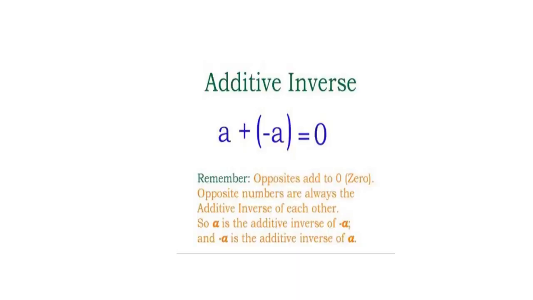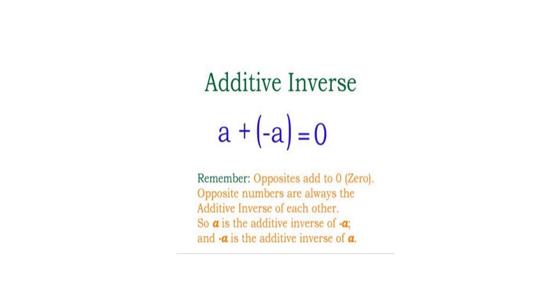Then comes the fourth property, which is additive inverse. What is additive inverse? Additive inverse is any number which when added to any number gives the result 0. Minus a when added to a gives 0. 2 when added to minus 2 gives 0.